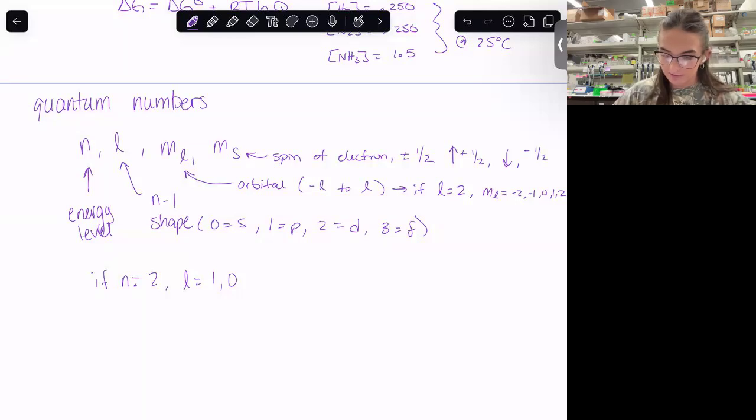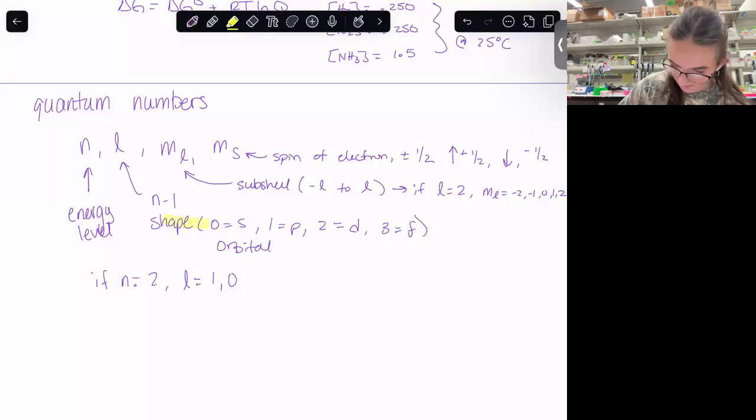When we look at, I'll just clarify this. Yeah, okay. So this is your subshell, and this is your orbital.